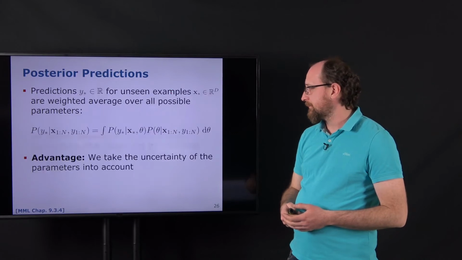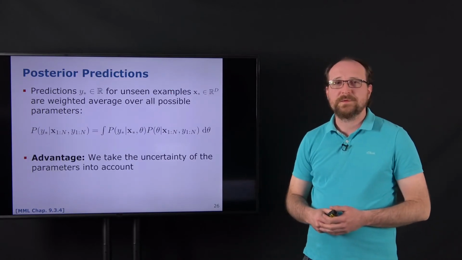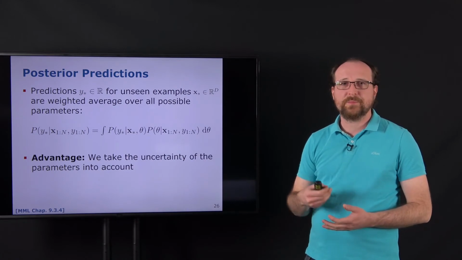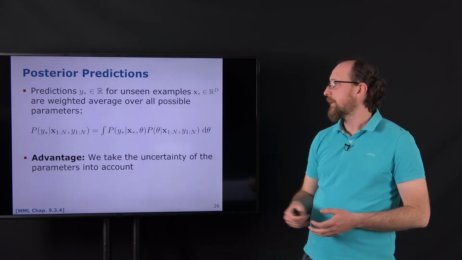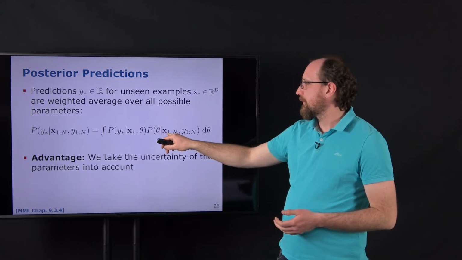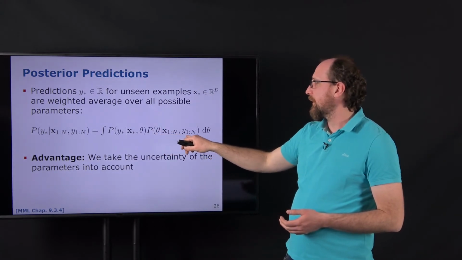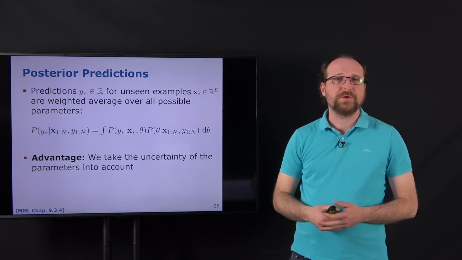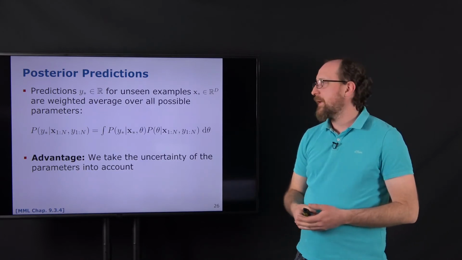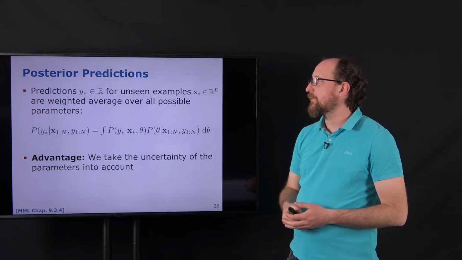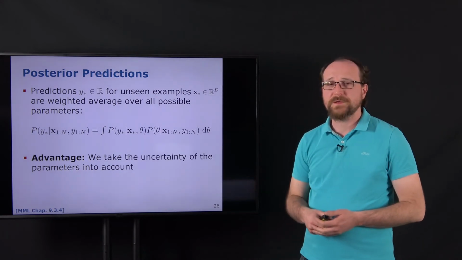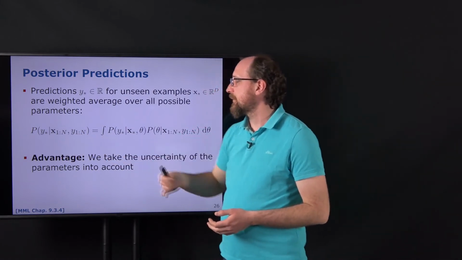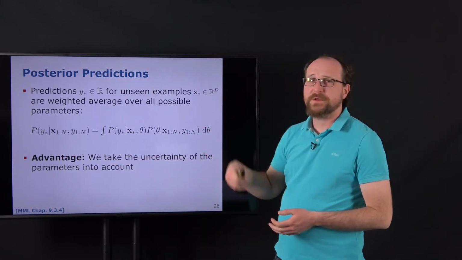When we now have the posterior over the parameters, so this p of theta given x1 to n, y1 to n, we can then estimate an unseen point, which we have not seen before, by using the posterior predictions. Here we are interested in y star given all the training data, and then we integrate over all the parameters.